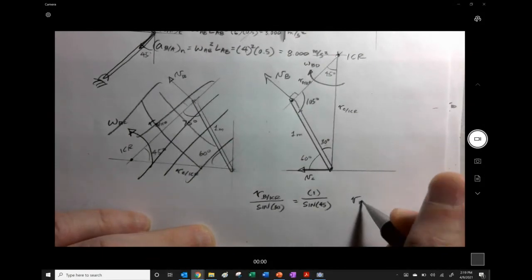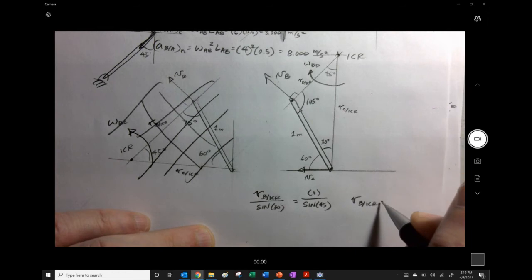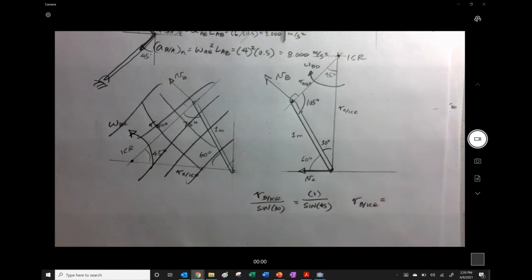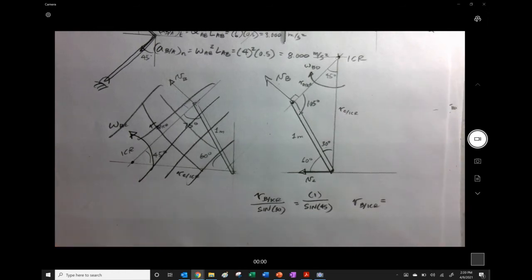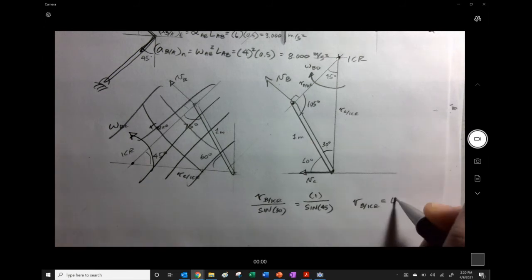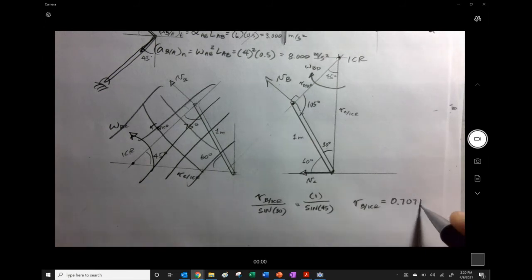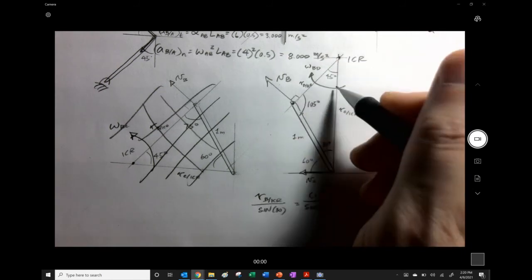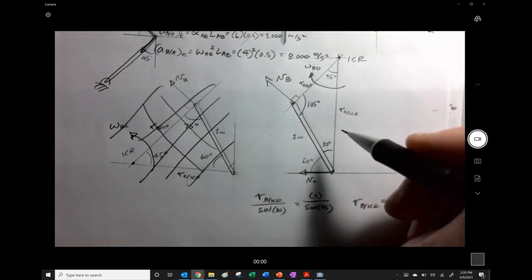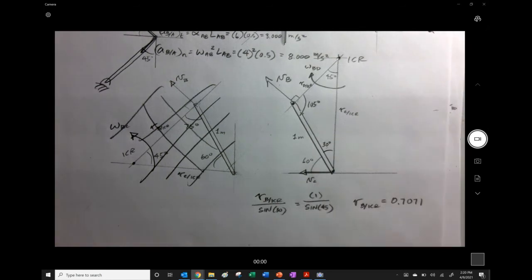So I can get RB with respect to ICR equal to 1 over sine 45 times sine 30, which is 1.414 times 0.5, so you get 0.7071. Okay, well that makes sense. Yeah, I guess so. Okay, and meters.